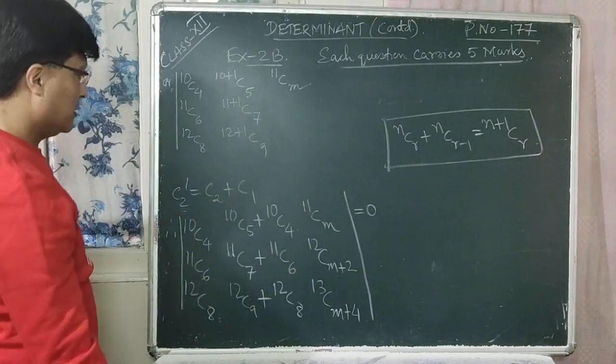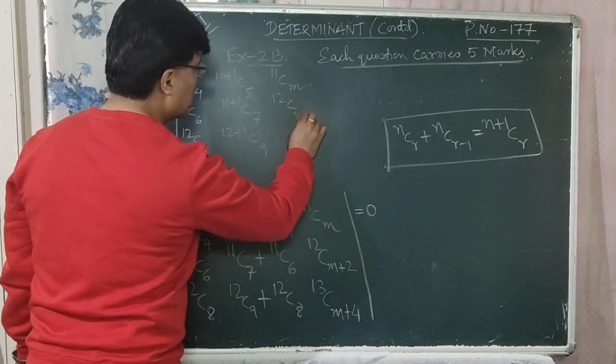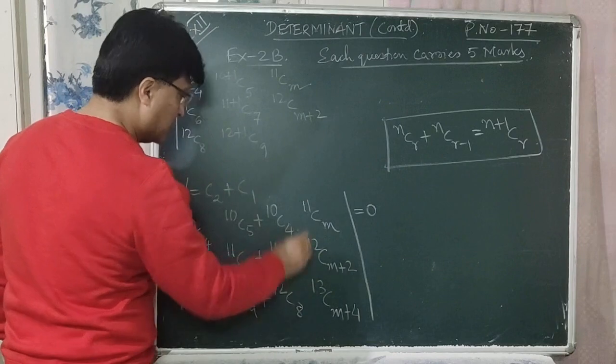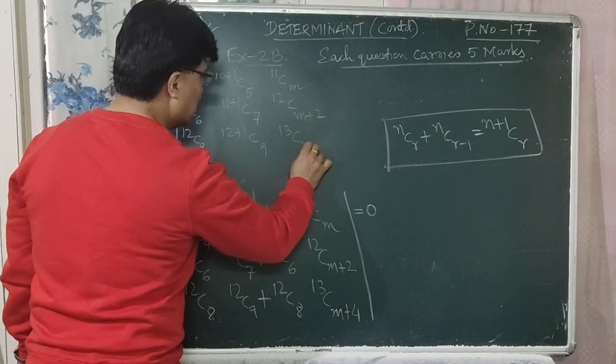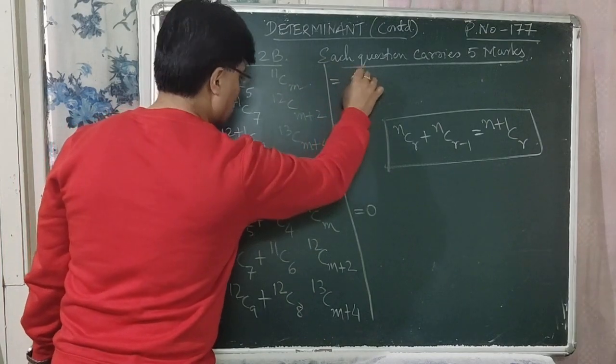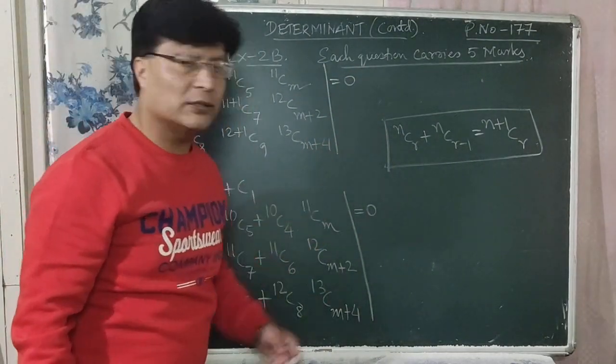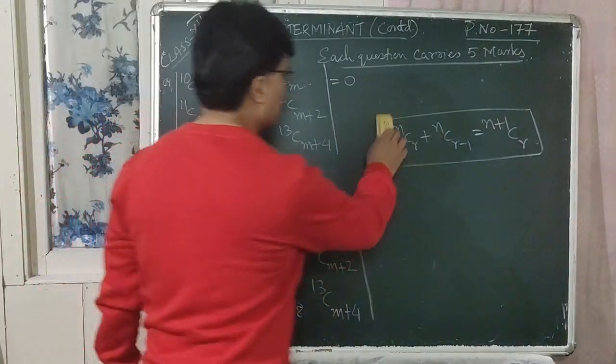Is that clear? So next, 12C(m+2) and then 13C(m+4), which is equal to 0, right? So we have used this formula. Is that clear?